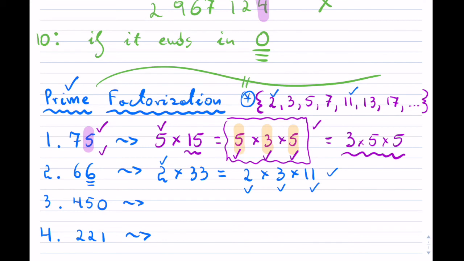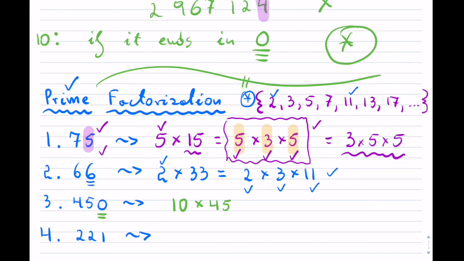Now with 450, the first thing that I notice, because of our divisibility test for 10, notice that it ends in a 0, which means 450 is divisible by 10. Well, 10 goes into 450 45 times, and you can check that.